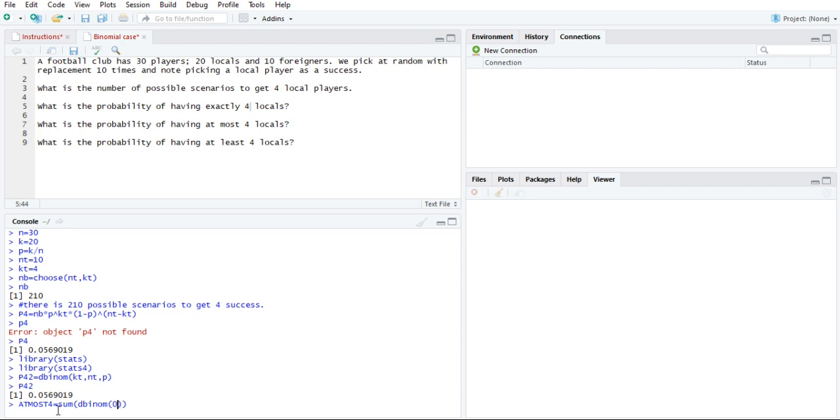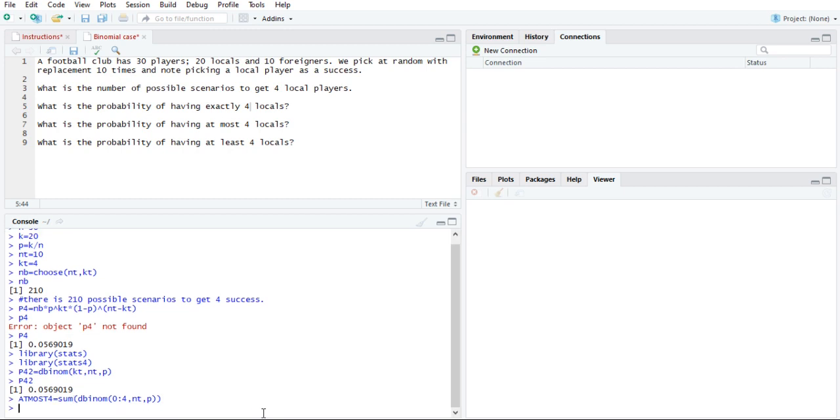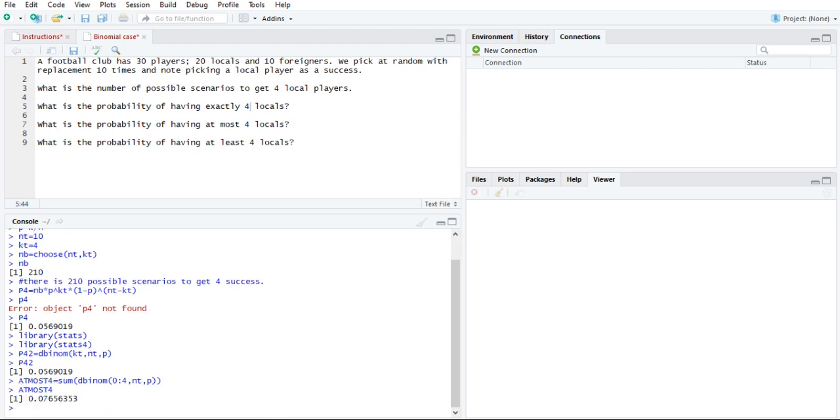At most means between 0 and 4. The size nt, and the probability p. So at most 4, it's 7.6%.